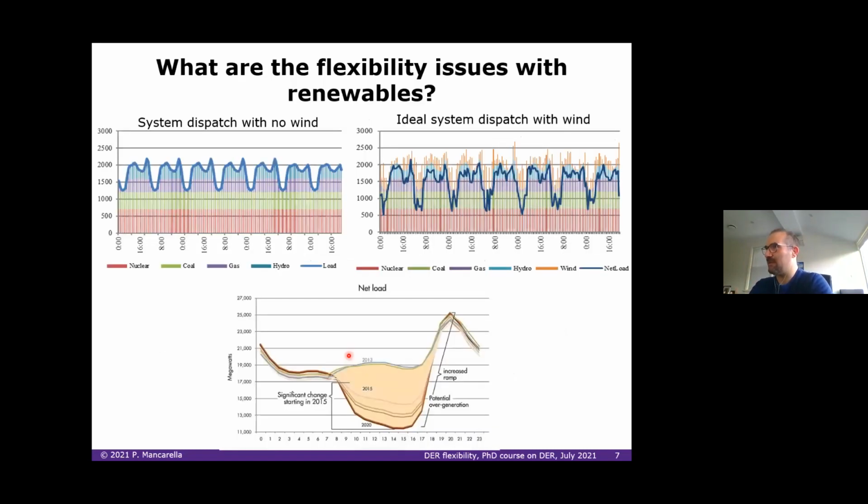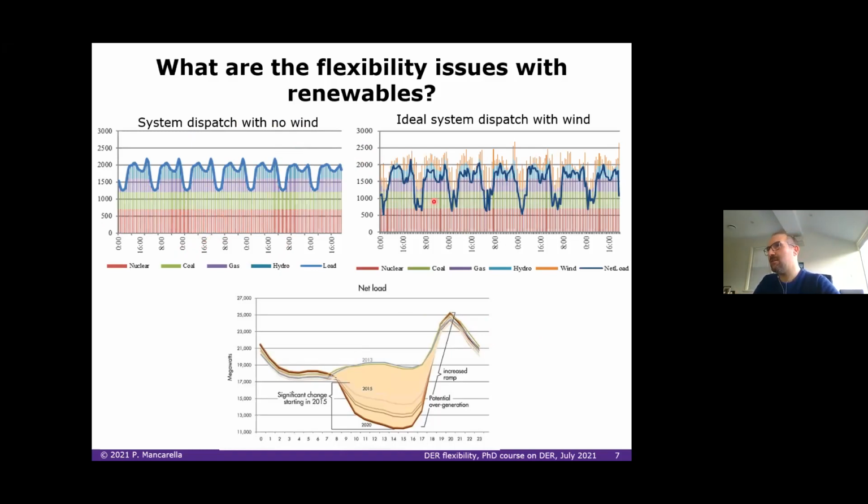Everyone will be very familiar, I hope, with the challenges that are brought by integration of renewables in terms of flexibility. I put here some example. You see classical system dispatch with no wind in this case. It could be like a typical European system. This was somehow designed for the UK system some time ago, with a baseline of nuclear and then coal, gas, some peaking plants, typically hydro.